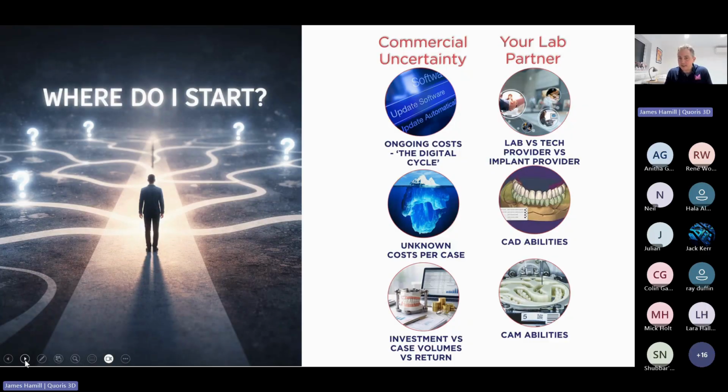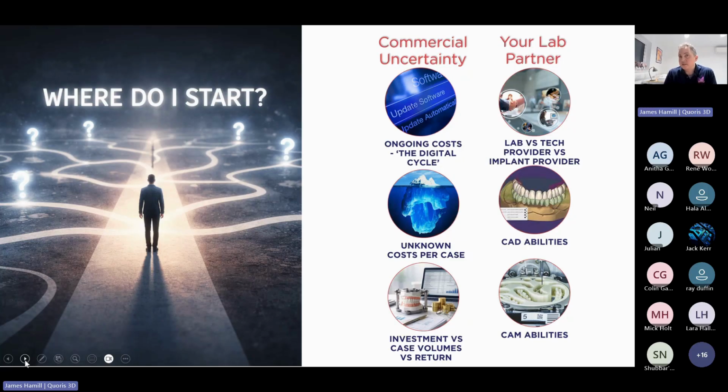The CAD ability, so have the lab got access to CAD designers who understand these things, because not all the CAD designers do. How accurate and what is their attention to detail in handling the records will have a direct outcome on how predictable the results are, the types of designs that they create. So there's certainly some things to think about there.